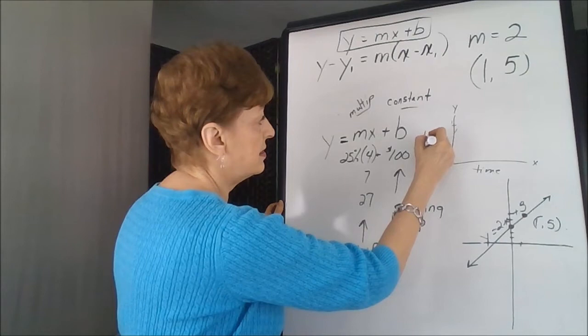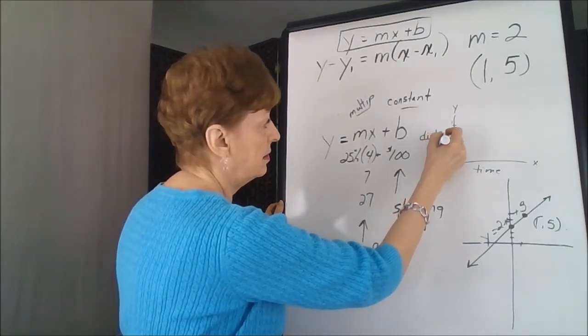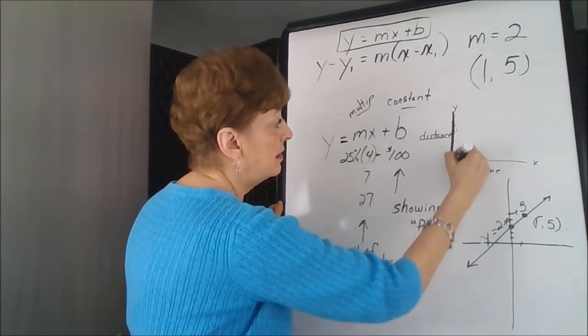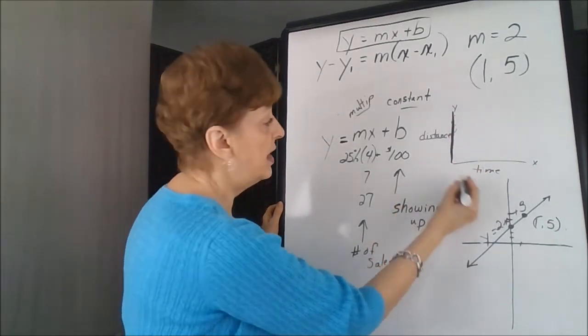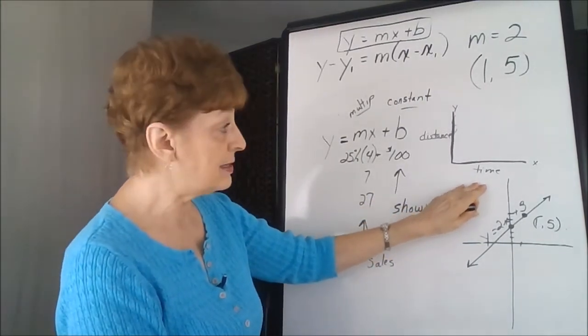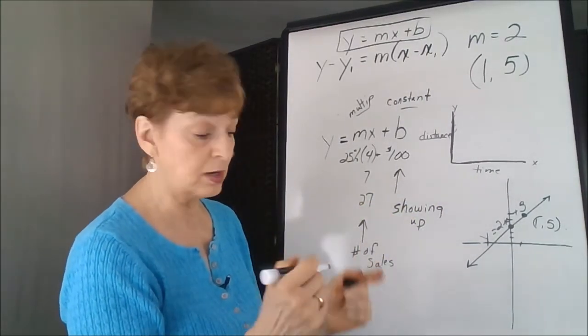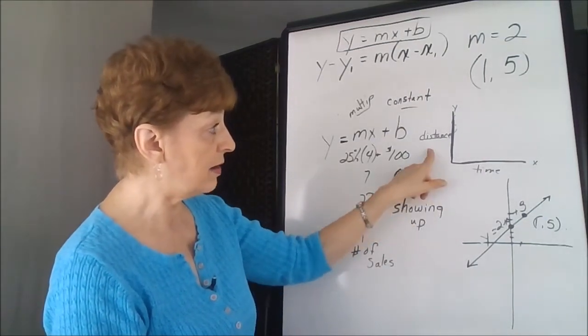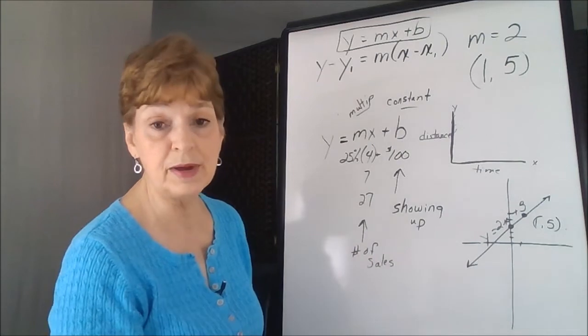Maybe we'd have distance here. So as we went up the Y-axis, those would be distance numbers, and across the bottom would be time. Those could easily be a one-to-one correspondence with your variables. So your X and your Y could be pulled from a graph.